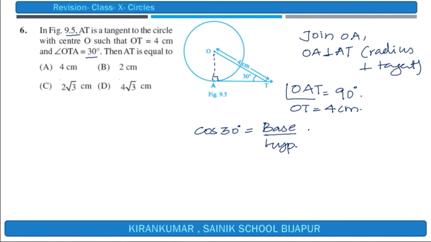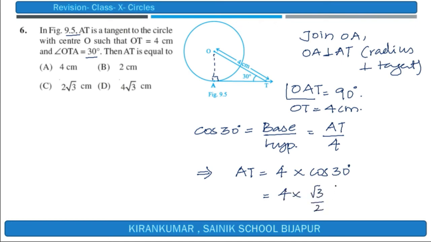Here the adjacent side is AT, hypotenuse is 4, and the length of AT we can find as 4 times cos 30 degrees. So this will be 4 times root 3 by 2. The value of cos 30 is root 3 by 2. This will be 2 root 3 centimeters. So option C is the right answer.